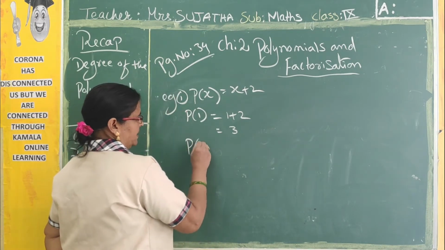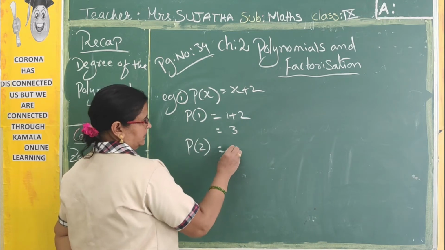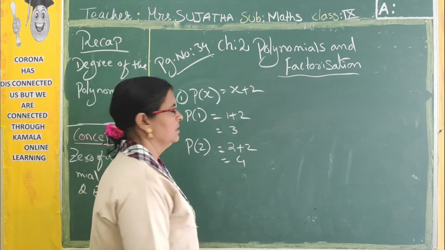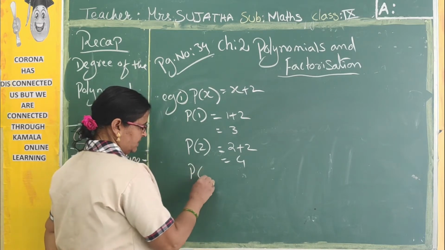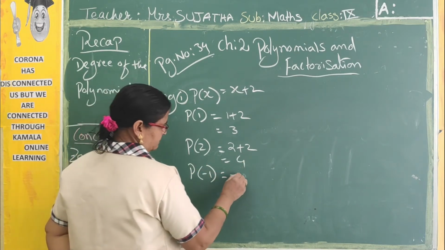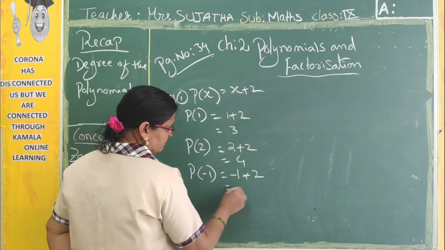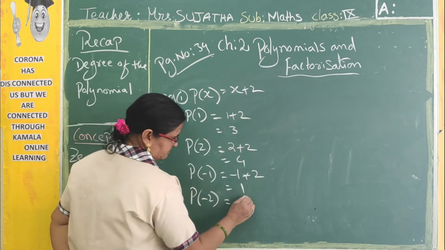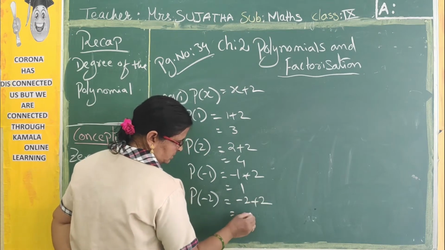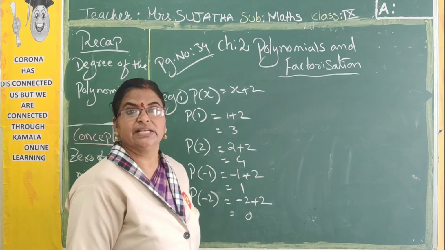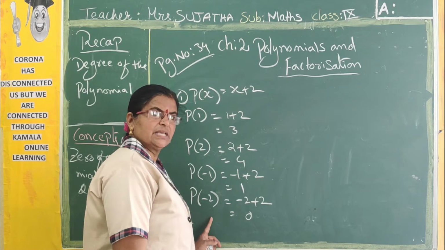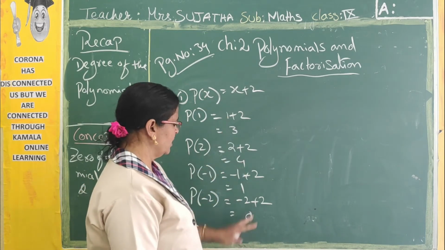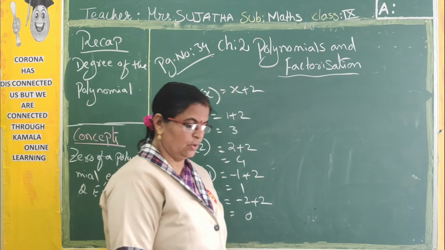Then P of 2, that is 2 plus 2, that is 4. Now P of minus 1, that is minus 1 plus 2, that is 1. Now P of minus 2, that is minus 2 plus 2, which is 0. So where are you getting 0? When x is equal to minus 2, you get the polynomial value 0.